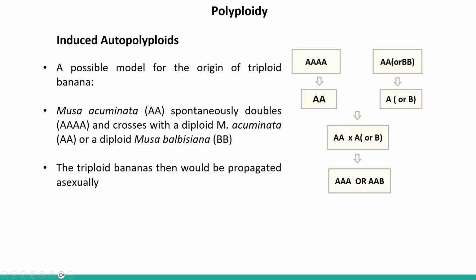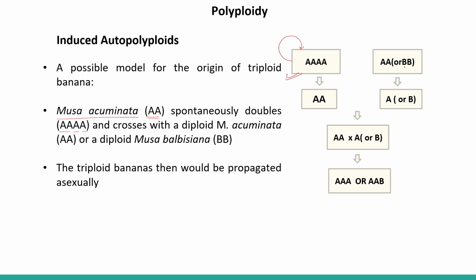A possible model for the origin of triploid banana is that Musa acuminata, that is capital A, spontaneously doubles, giving the A and A form. This is the spontaneous doubling of its genome.